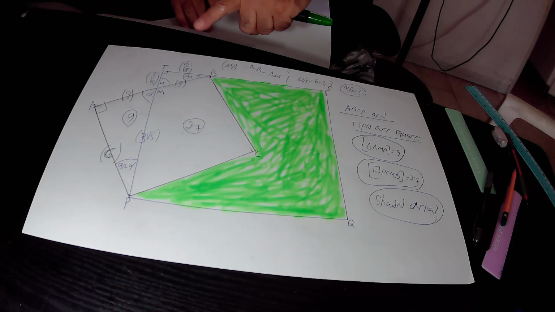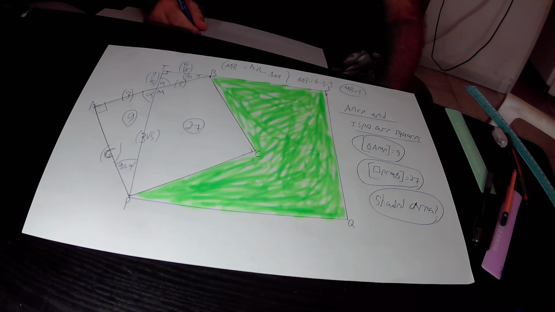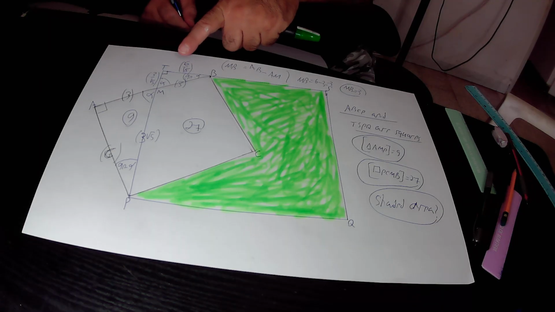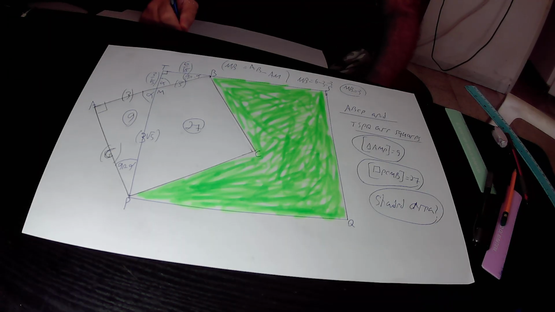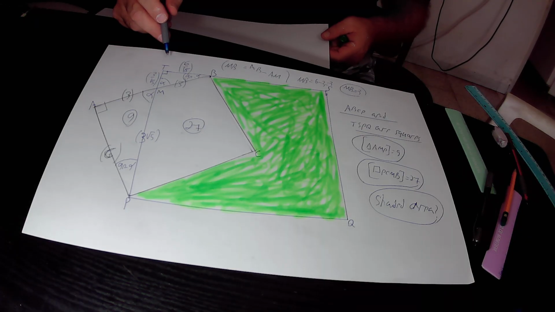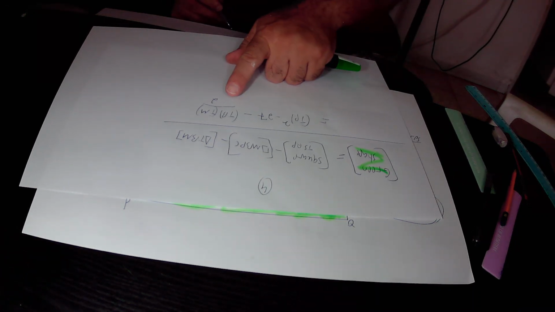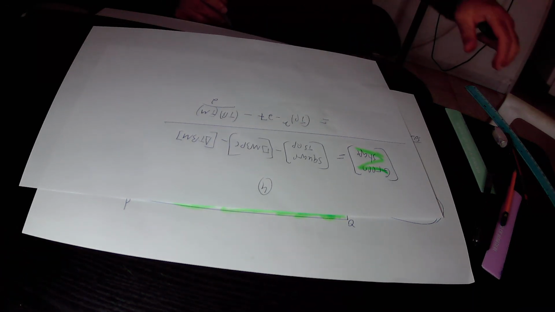We choose the base as TB. Therefore, the height will be Tm because it creates 90 degrees with the base. So in total, the area of this small right triangle TBM equals the base TB times the height Tm over 2.